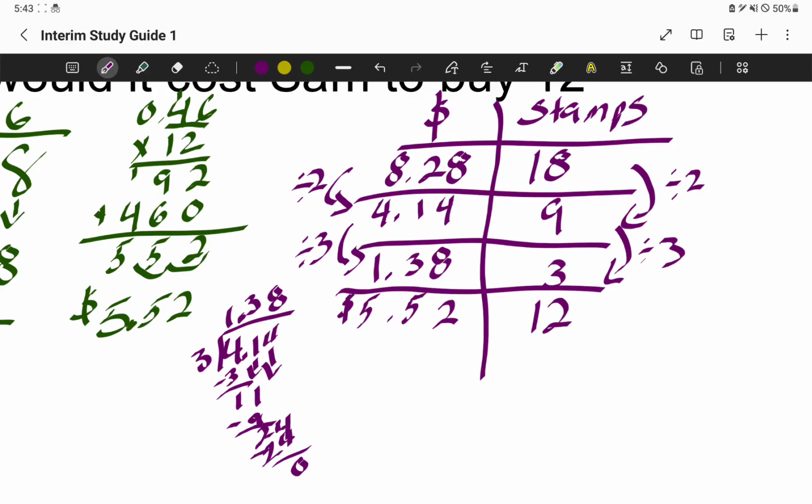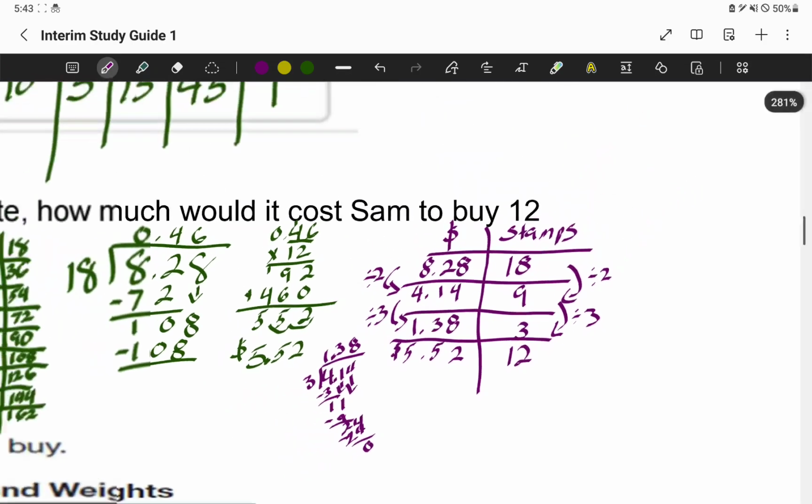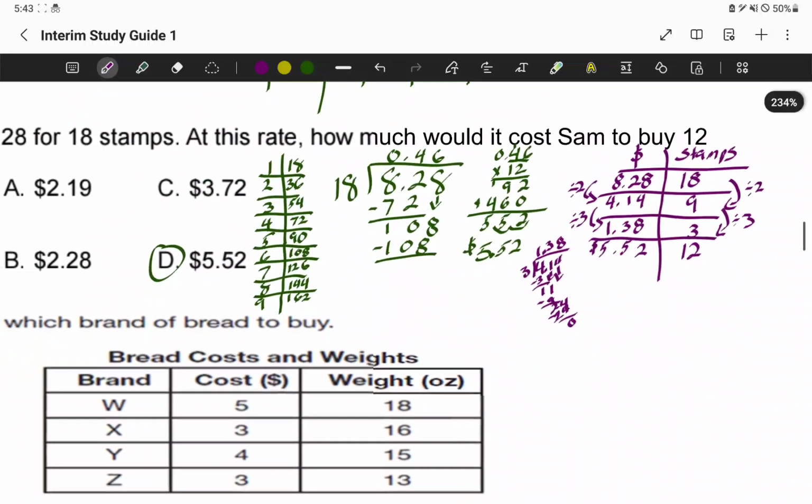And so $5.52. And so you can do it as a table too. Okay, so it's a matter of whichever is easiest for you. Just because I prefer it as the green method doesn't mean you have to do it that way. You do the method that works best for you.